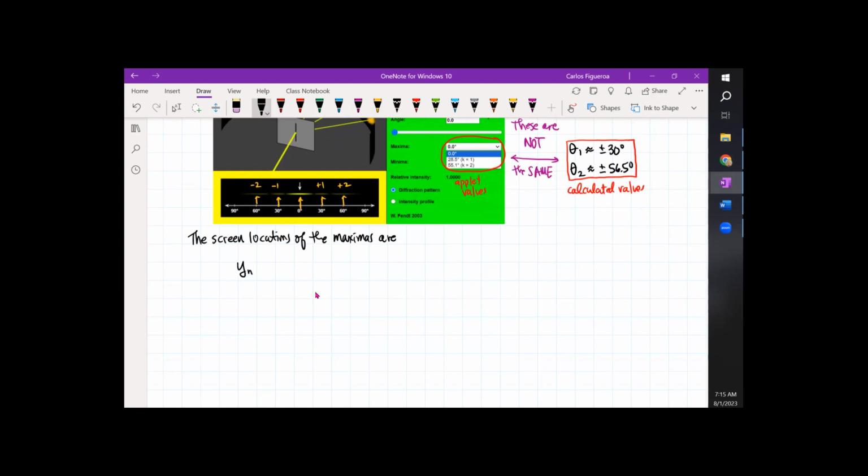This is going to be d tan theta n, and we saw that this was 1.5 meters times the tangent of theta n, and then we're going to use those two angles. So the first location is going to be approximate, which we get plus or minus 0.814 meters. And then y2 will also be approximate, which will give us plus or minus 2.15 meters.